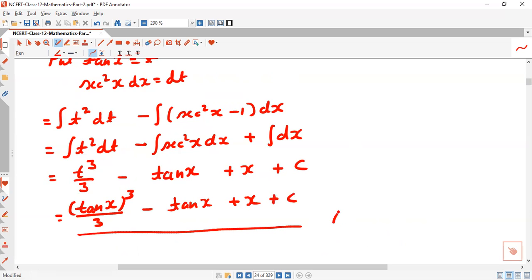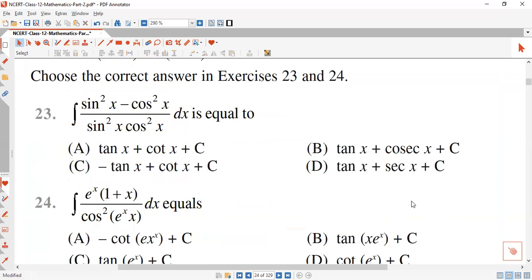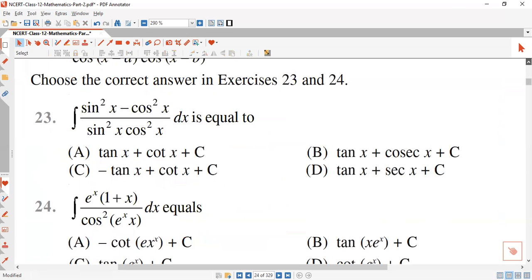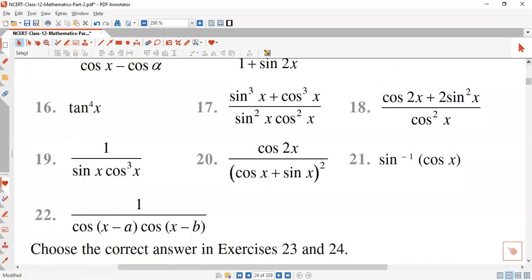This is the answer of question number 16. Question number 16 we have done, no doubt.